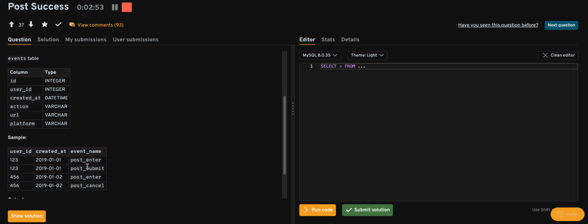The post enter is always greater than or equal to the post submit. So the ID here should be a post ID.